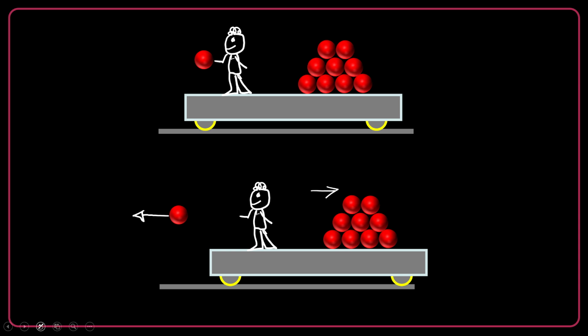Let's say the center of mass, Cm, of this system is here. The center of mass of the system is still here, although the cart has displaced a few centimeters rightward and the ball has displaced leftward. So the total displacement of the center of mass is 0.